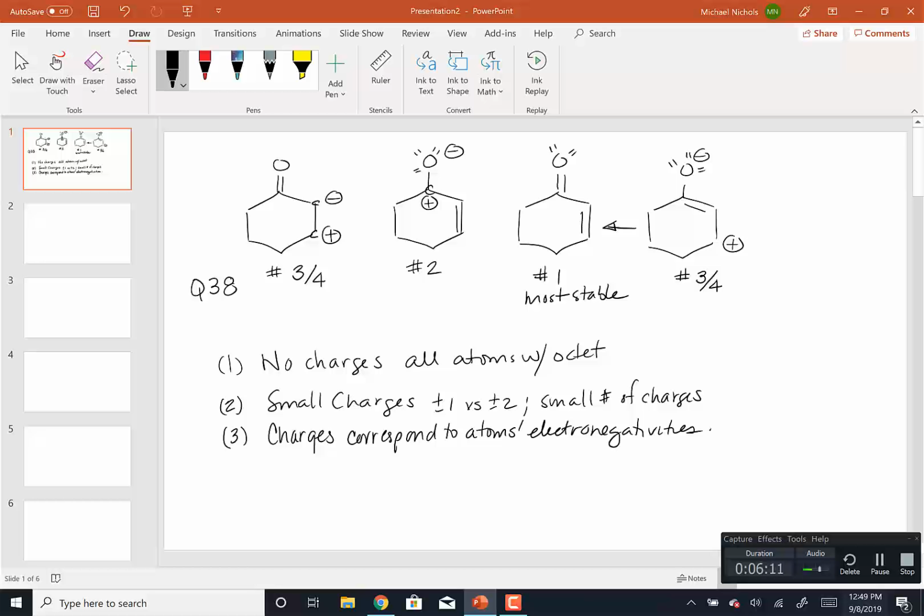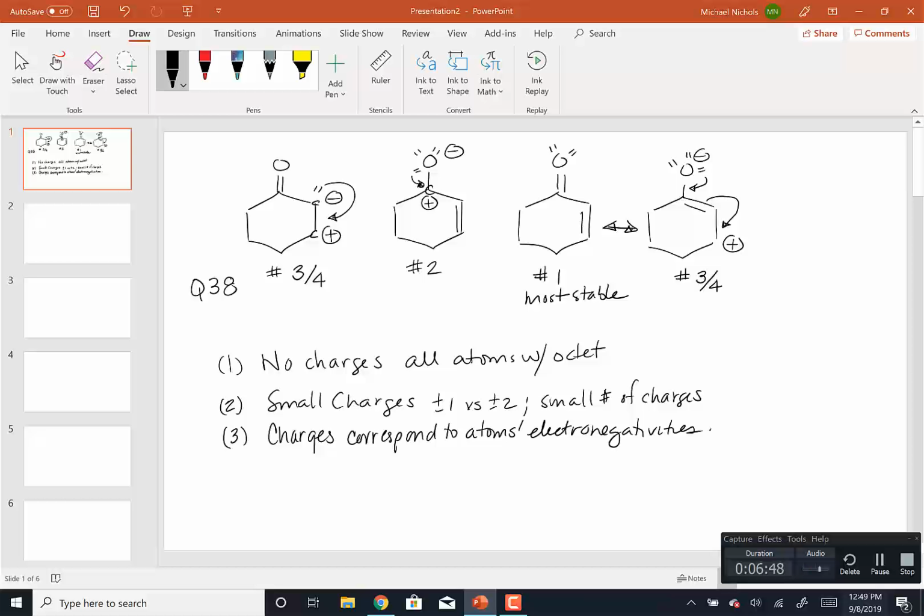To convert the resonance structure all the way to the right, I would take this pair of electrons, move it here, and then take this pair of electrons and move it there, and that would give the resonance structure with no formal charges. That's how we would form that resonance structure for all of these. A C with a minus charge always has a lone pair, so we would take that pair to form the double bond. We would take any of those 3 pairs on the oxygen and use it to form the CO double bond.